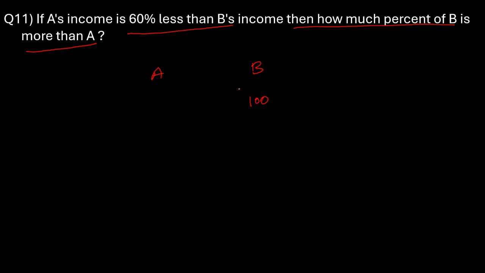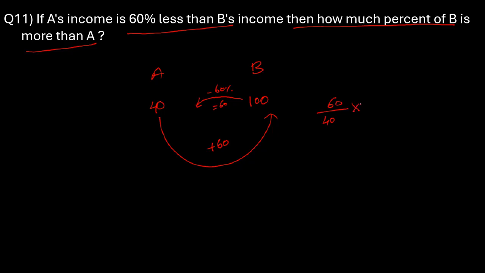And income of A is 60% less, that is minus 60%, which is equal to 60 rupees. So, the income of A is going to be 40 rupees. So, income of B is 60 rupees more when compared with 40 rupees.